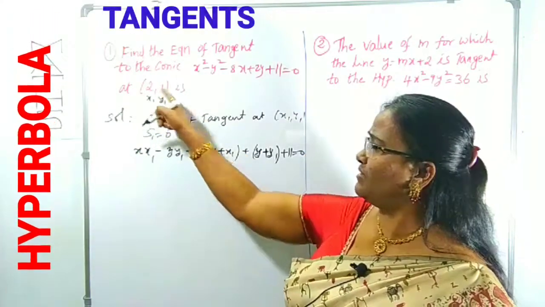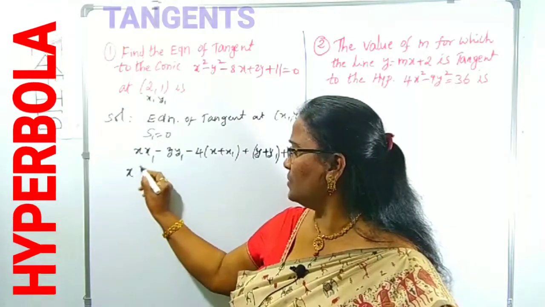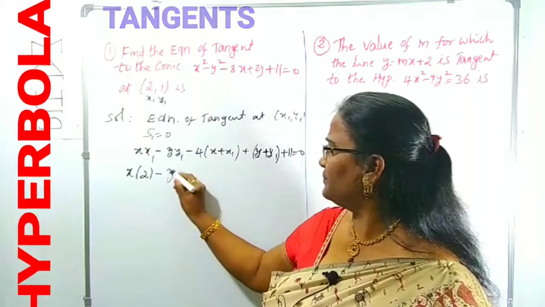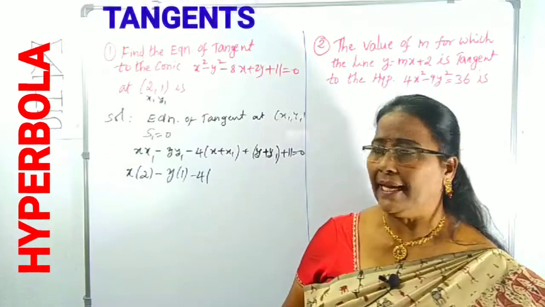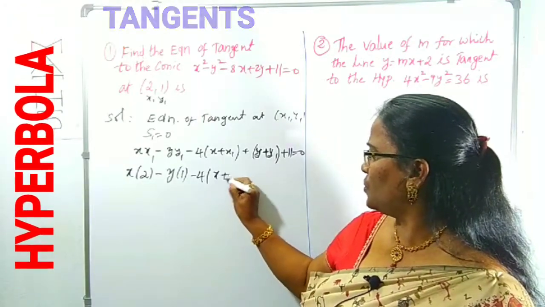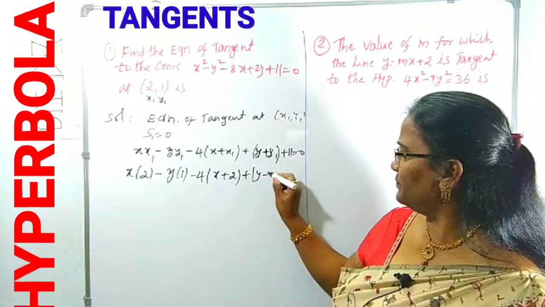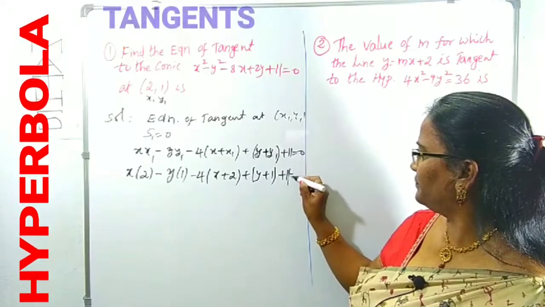Now in place of x1, y1, what is the given point? You can replace: 2x into 2 minus y into 1, minus 4 of (x plus 2), plus (y plus 1), plus 11 equals 0, right?